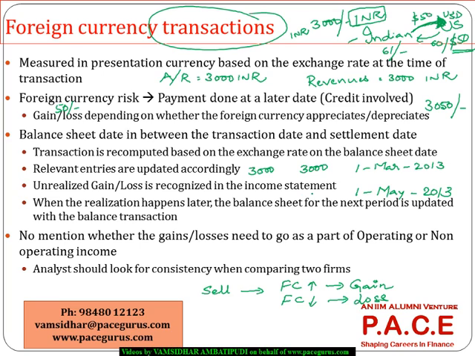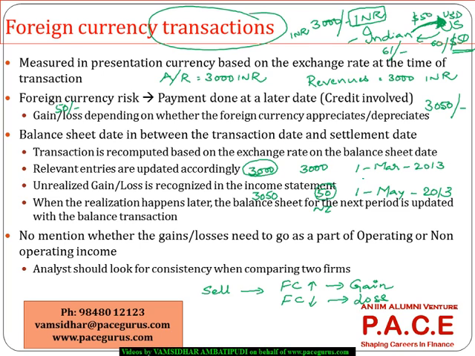And on 1st May 2013, the accounts receivables will no more exist. The cash will become 3050 because in reality I have made 50 more, and in the income statement there will be a transaction gain, foreign currency gain of 50, which will increase the net income by 50, which means the retained earnings also will keep increasing by 50.